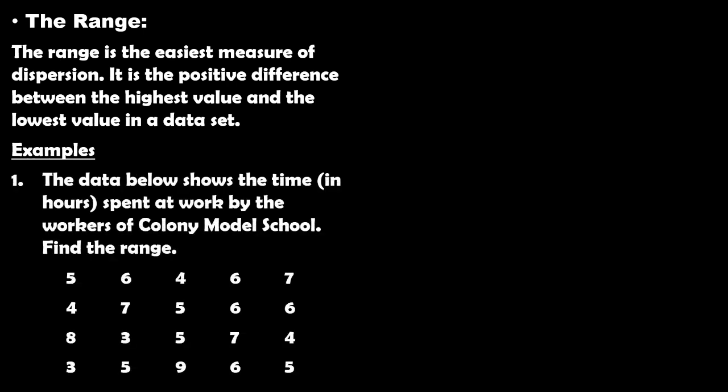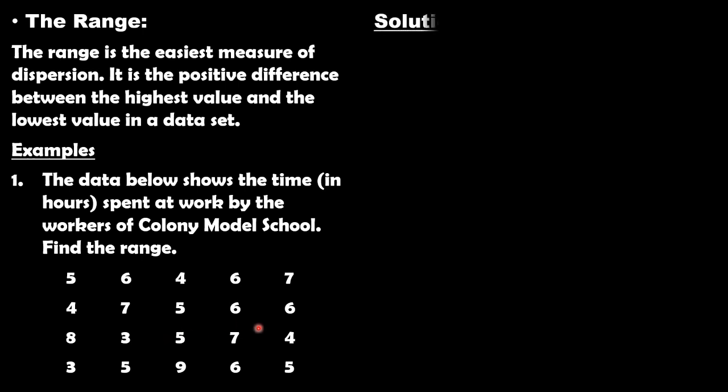The first example says, the data below shows the time in hours spent at work by the workers of Colony Model School. Find the range, and we are given the data here. So these are the time in hours spent by different workers.